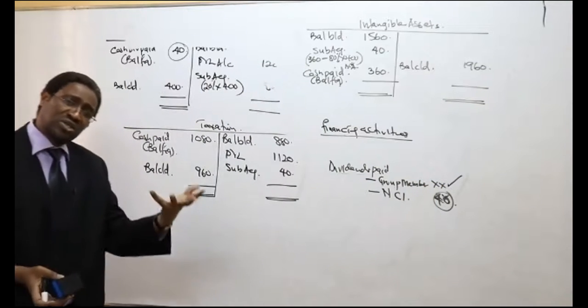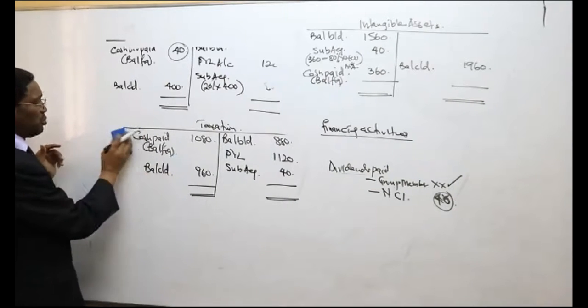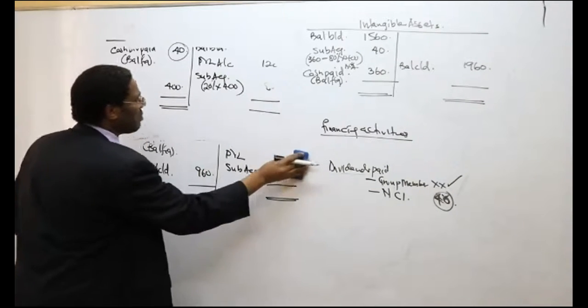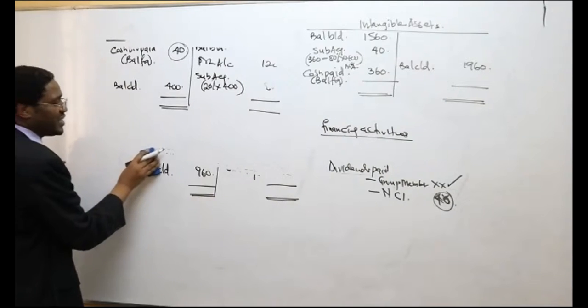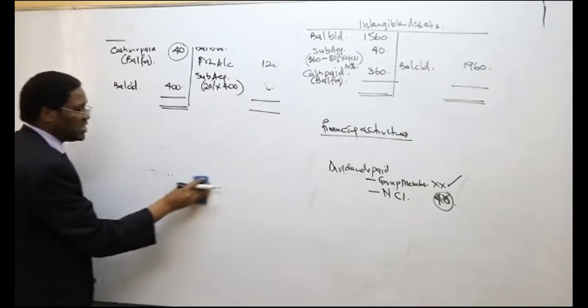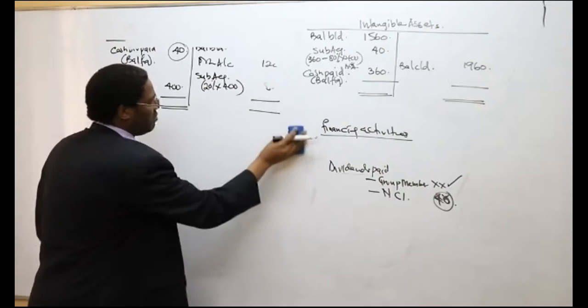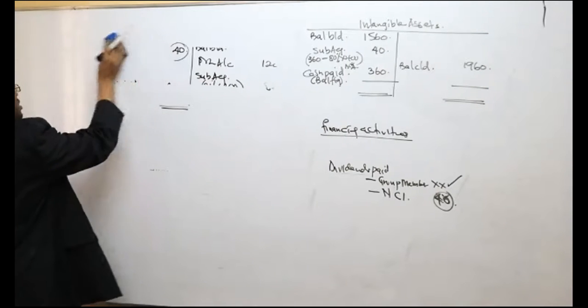Even from section 3 questions, when you are doing financial reporting, you were given some questions where the examiner never used to give you the dividends paid to group members. How are you to calculate them?